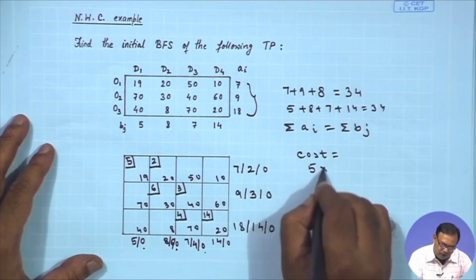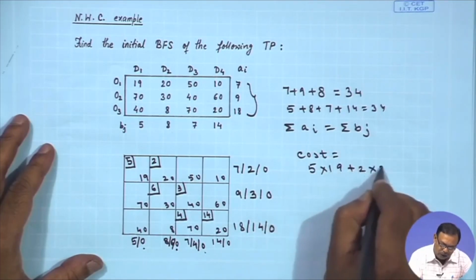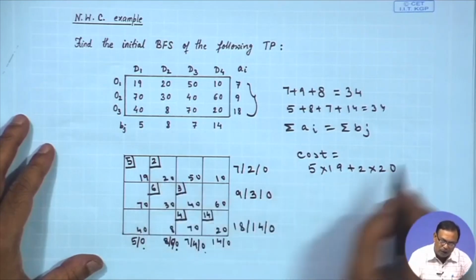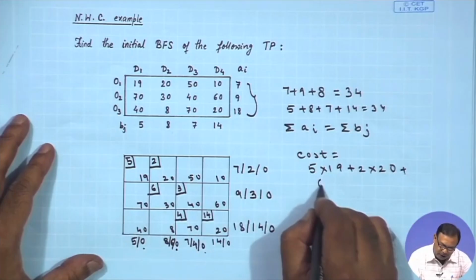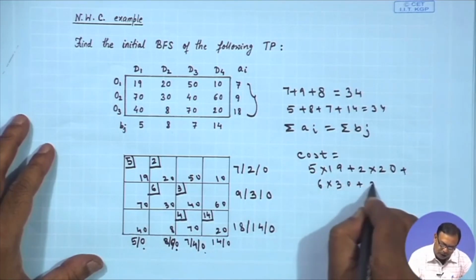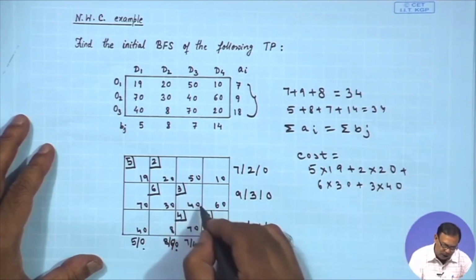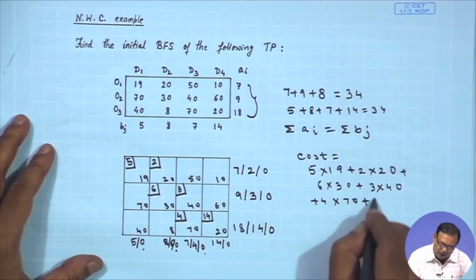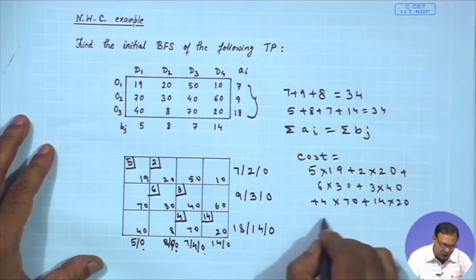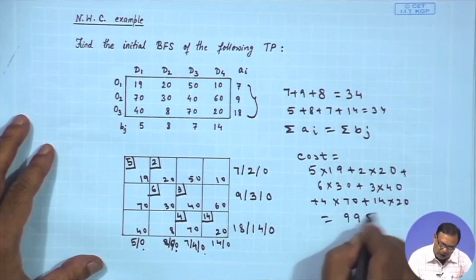It will be 5 into 19 plus 2 into 20, that is you are counting the cost only on the allocated cells, plus 6 into 30 plus 3 into 40 plus 4 into 70 plus 14 into 20, and the total value will be 995.